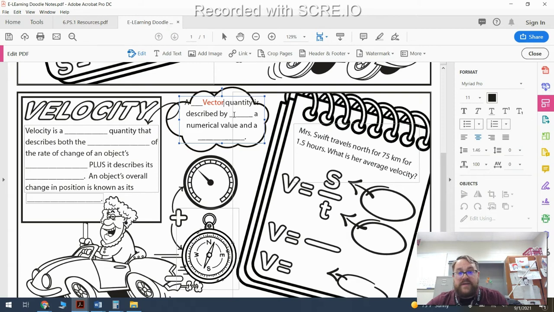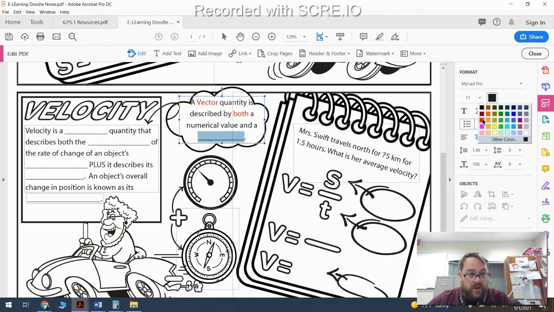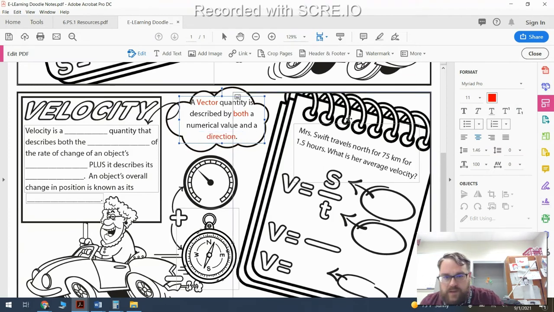Now, a vector quantity is described by both a numerical value, because remember the scalar quantity was only a numerical value, and direction.